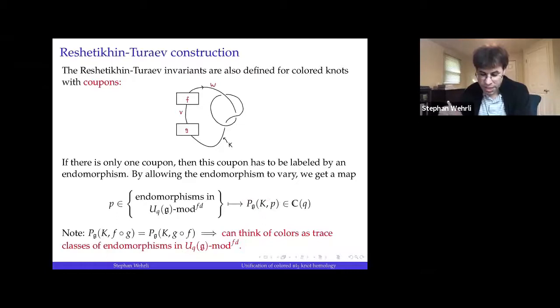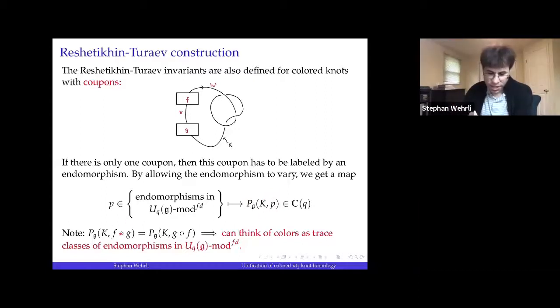Reshetikhin-Turaev invariant. So you can think of Reshetikhin-Turaev invariants as invariants that don't actually depend on a representation, but actually depend on an endomorphism of a representation. And then by construction, this invariant only depends on the trace class of this endomorphism.